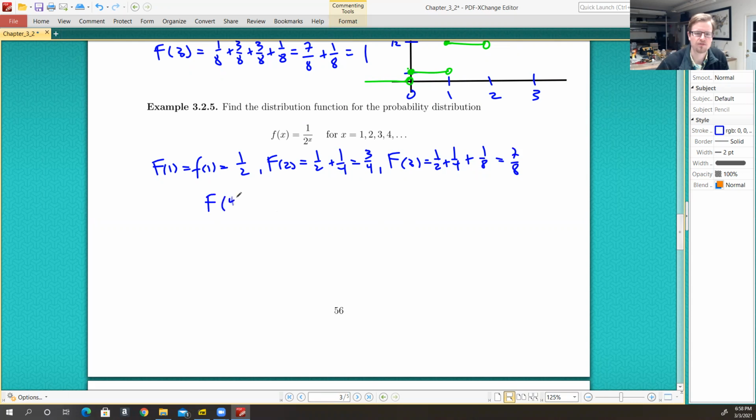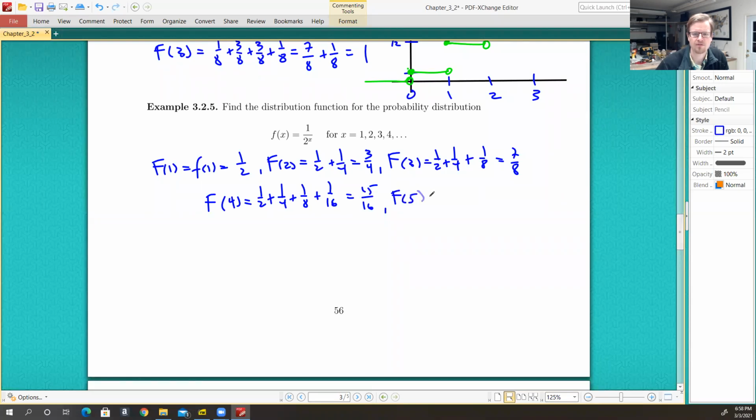So f of 4 is going to be 1/2 plus 1/4 plus 1/8 plus 1/16. And this would give us 15/16.